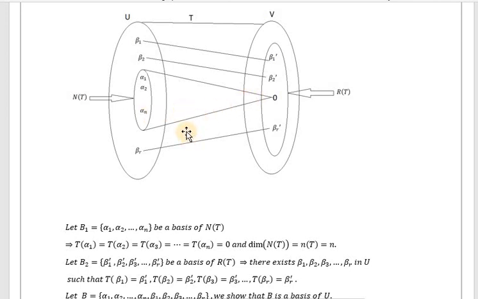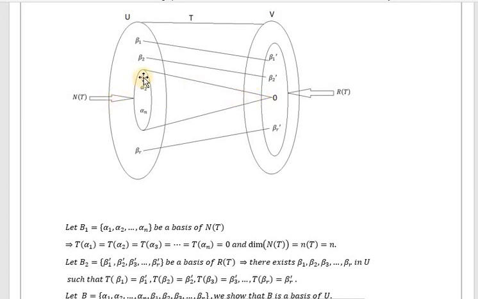We have taken B1, a basis B1 containing alpha 1, alpha 2, alpha n, to be the basis of N of T. So let us consider this is a basis of N of T.